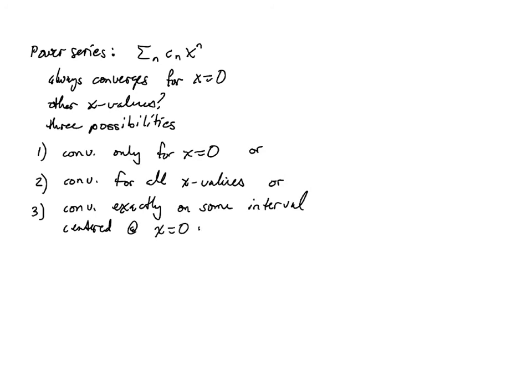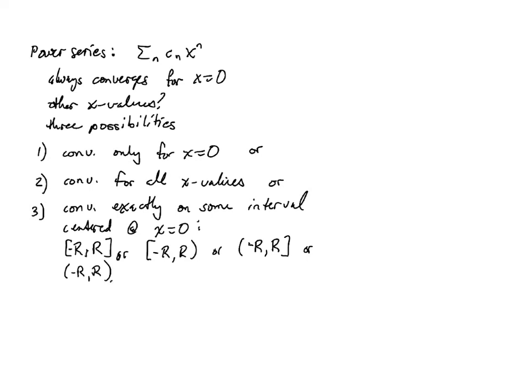So there are 4 different types of intervals that we're considering here. We can have the closed interval from negative r to r. We can have half closed, half open from negative r to r, or half open, half closed, or entirely open.